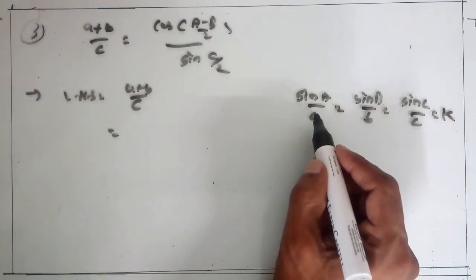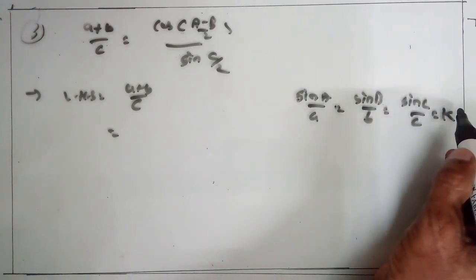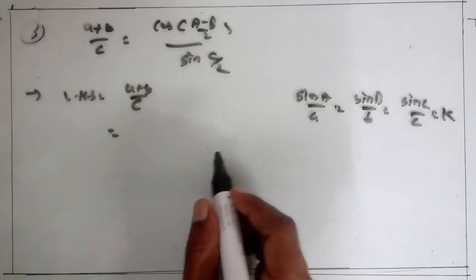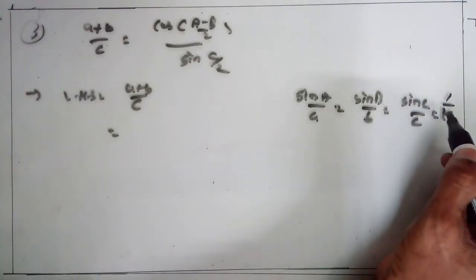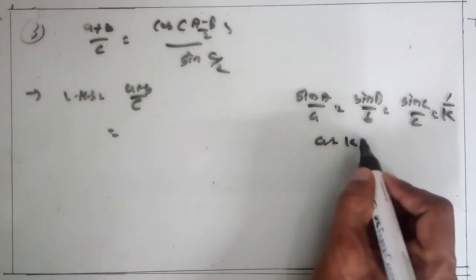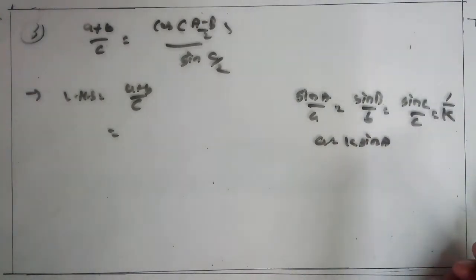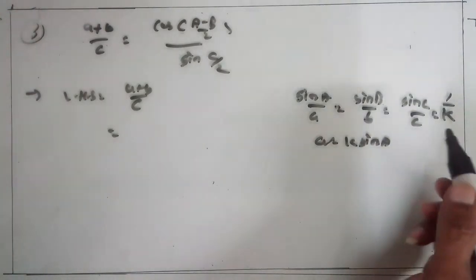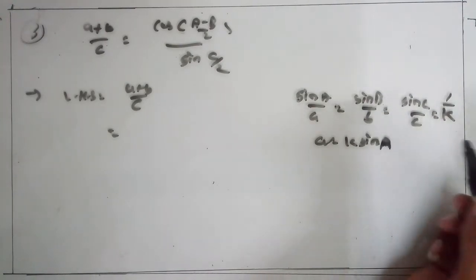So 1 upon k is equal to sin A upon a. Then take a to this side and k to the other side, so a is equal to k sin A. This is a constant term. Suppose any term as per our requirements or convenience, we get this.